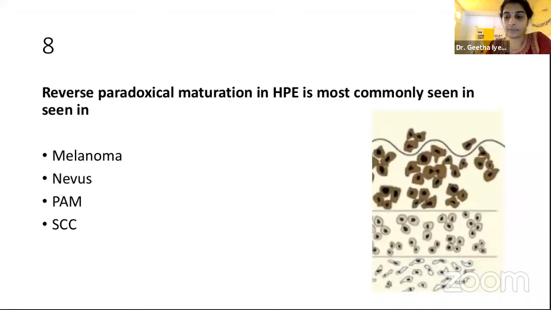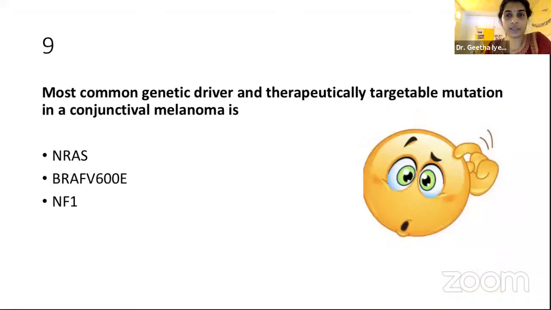And the next question is something which we touched upon the last time. The most common genetic driver and therapeutically targetable mutation in a conjunctival melanoma is NRAS, BRAF V600E, or NF1.